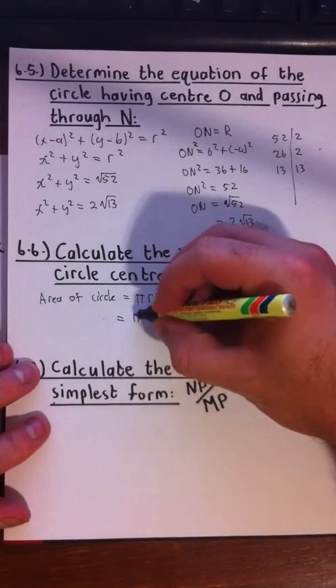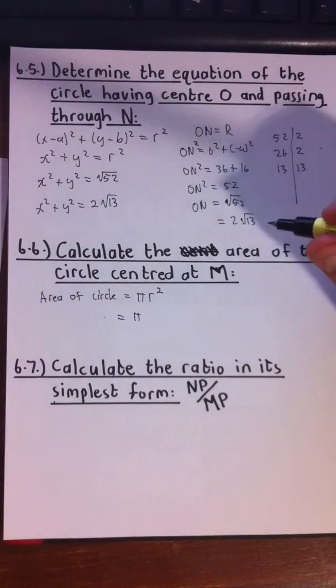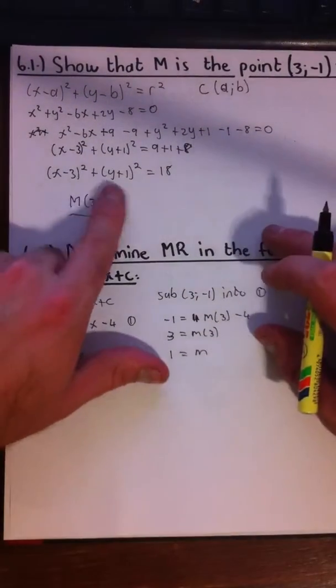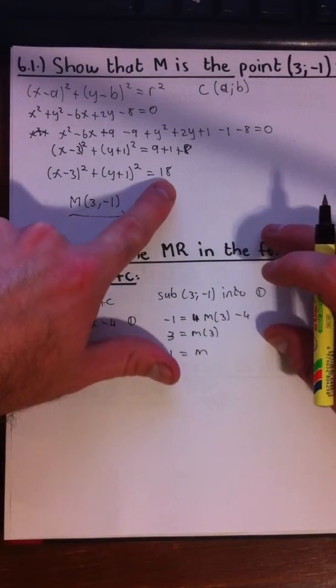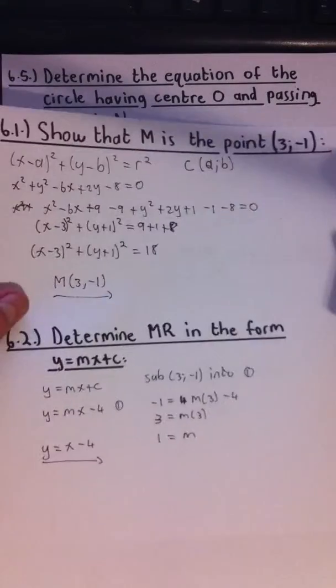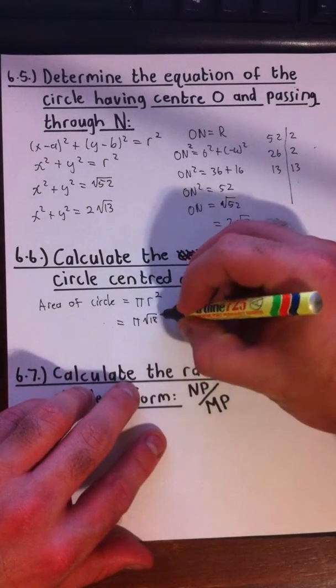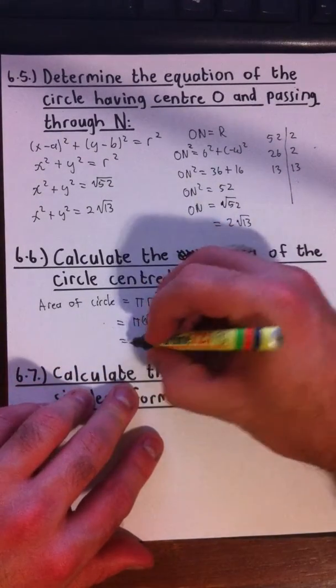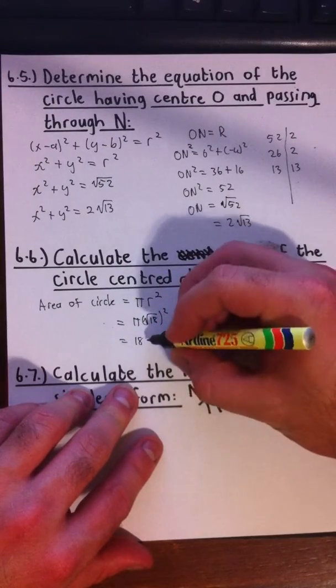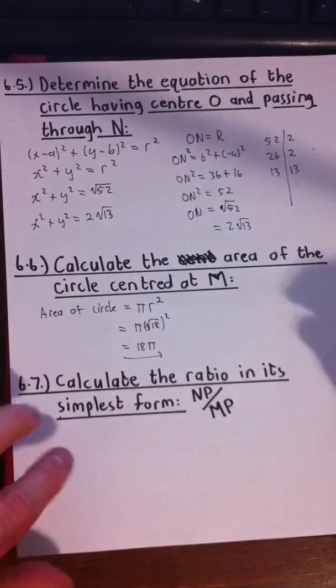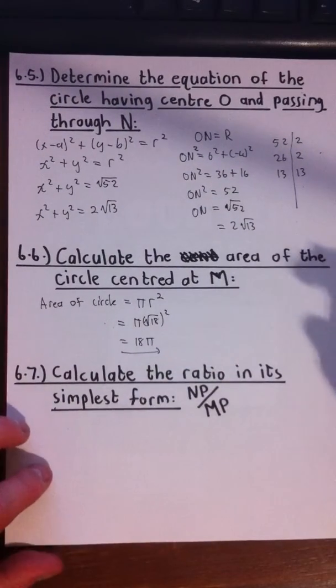So this is equal to pi times, and the radius of our original circle, let's find where we calculated the original circle equation. That is our r squared. So our radius of the original circle is square root of 18. So pi times square root of 18 squared. So that's just 18 pi. And there's your value for the area of the circle.